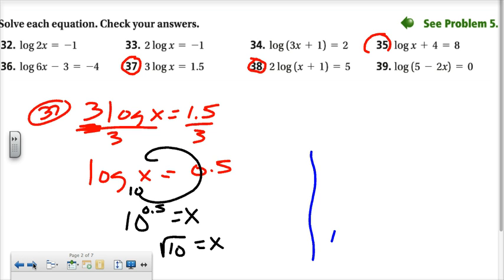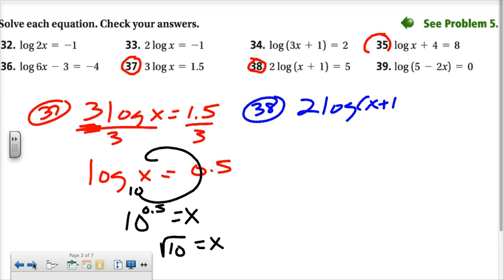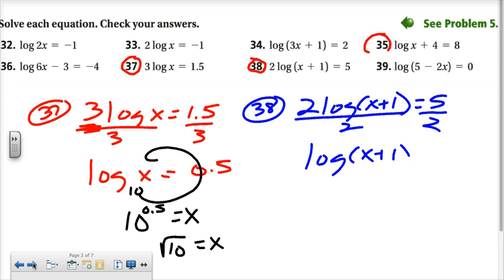38, we get a feel for the fact that we need to isolate that logarithm. So the 2, have to get rid of it. We're going to have to divide both sides. Then we need to write down what our base is. In this case, this is a base 10 logarithm.